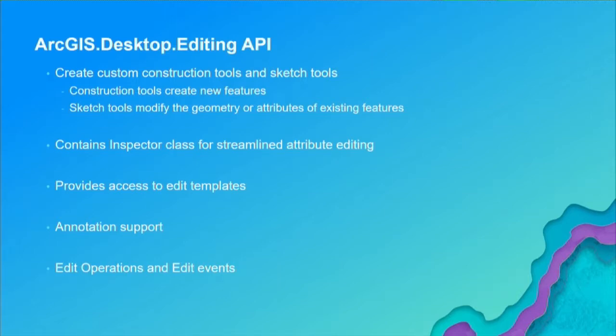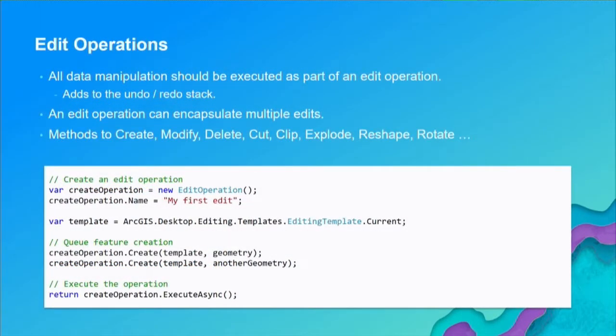So let's get started with the fundamentals of the edit operation. Essentially, everything you do within the Pro SDK related to editing should, as a fairly general statement, be wrapped into an edit operation. The reason is that there are a lot of mechanisms in place that let the framework know that something has been created, updated, or deleted.